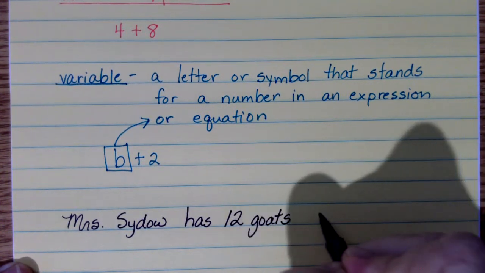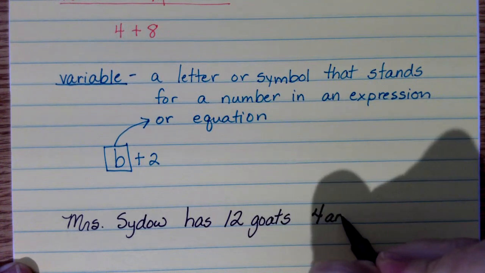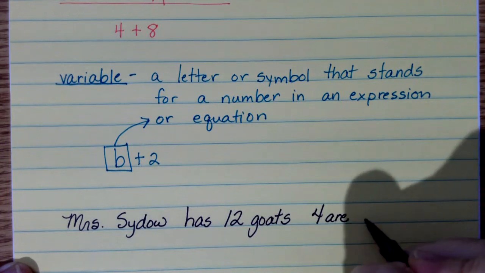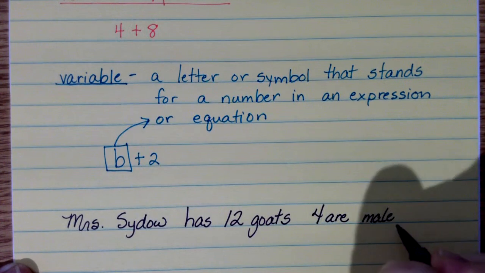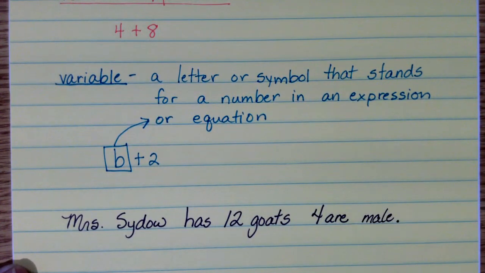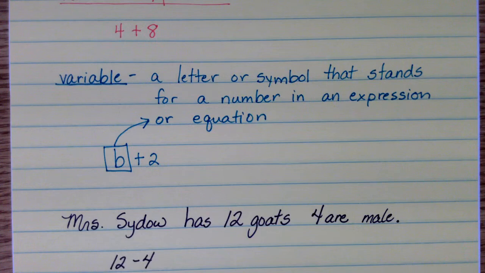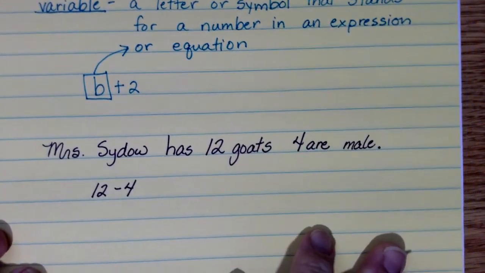Let's say 4 of the goats are male. If we were writing that as a numerical expression, we would write 12 minus 4, and we would be able to find out how many were female, if that was a question that we were trying to solve.